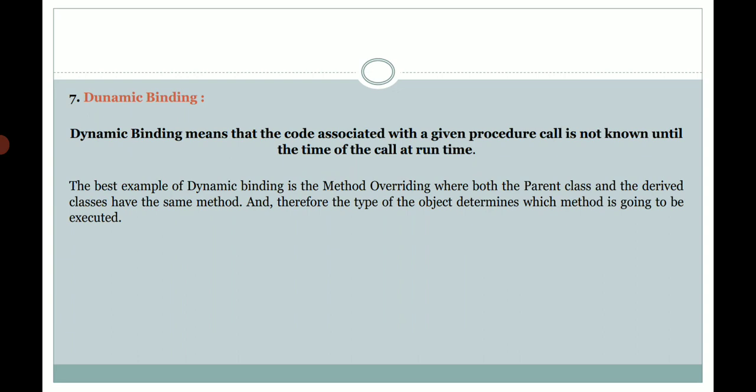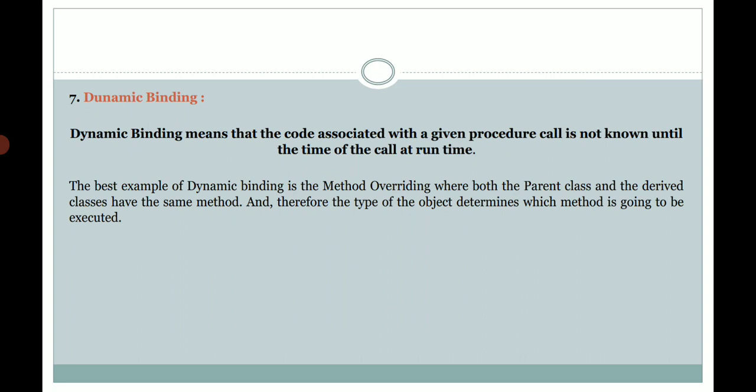Then dynamic binding. Dynamic binding means the code associated with a given procedure call is not known until the time of the call at runtime. Here is one general example.